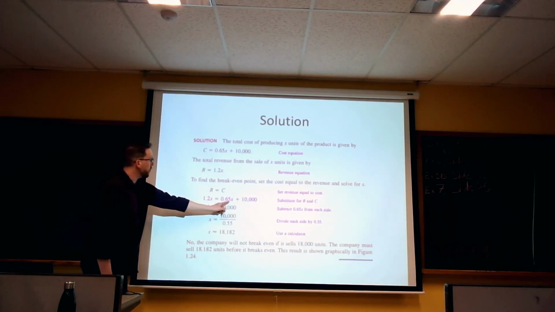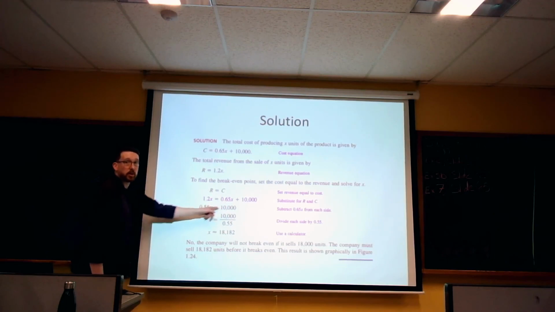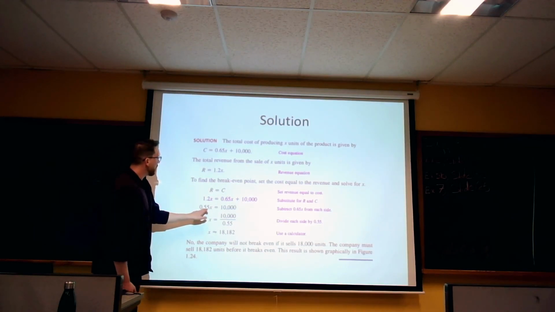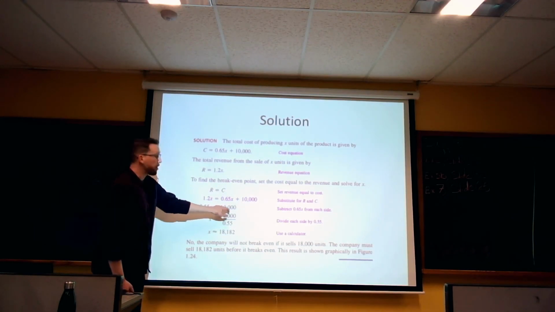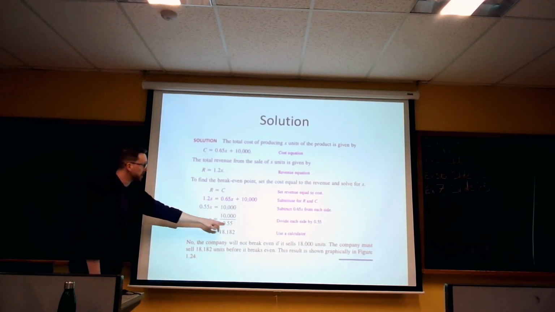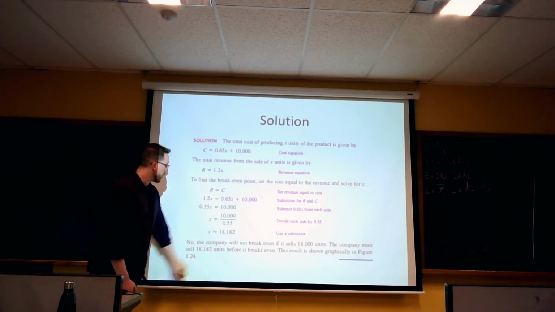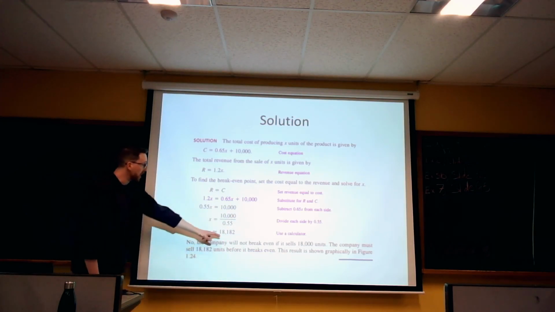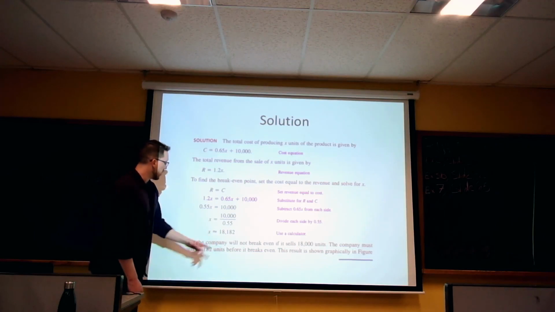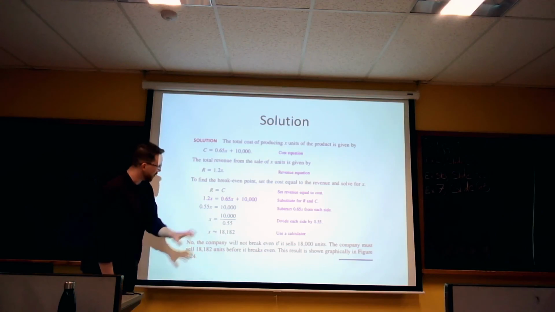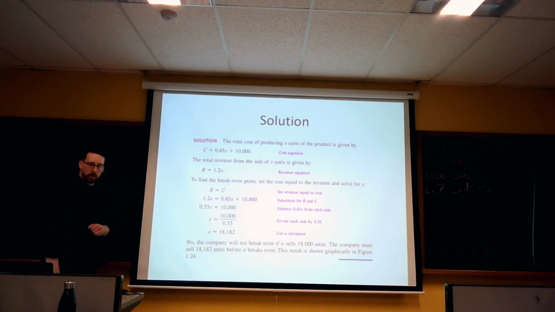We move the 0.65x to the other side. When we do, we find that 0.55x is equal to 10,000. So we can divide both sides by that decimal, right, to solve for x. And when we do that, we're going to get approximately 18,182.